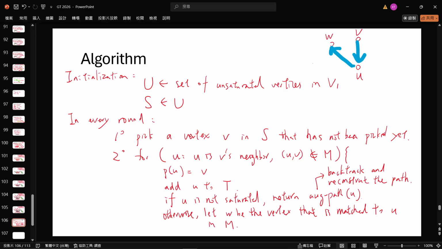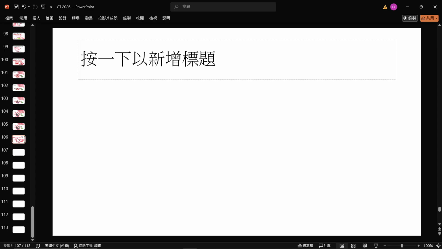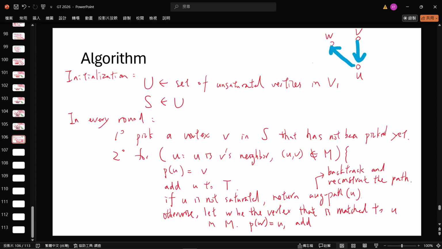First we go down, and when we go up, we must use an edge in the matching, and I call this endpoint W. So W is a vertex that is matched to U in the matching M. I set the parent of W to U, and add W to S. And that's it.